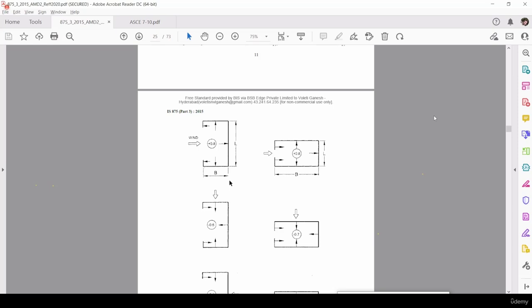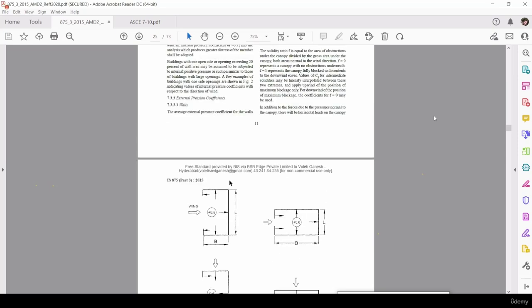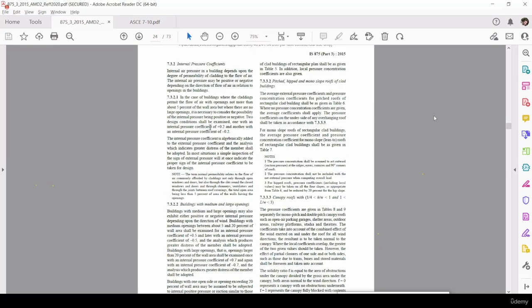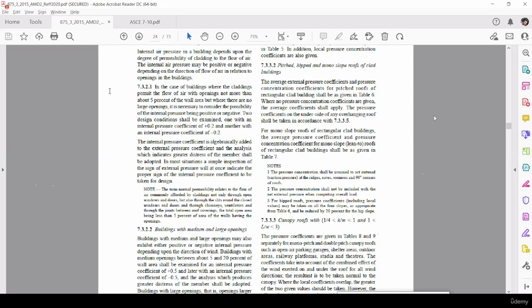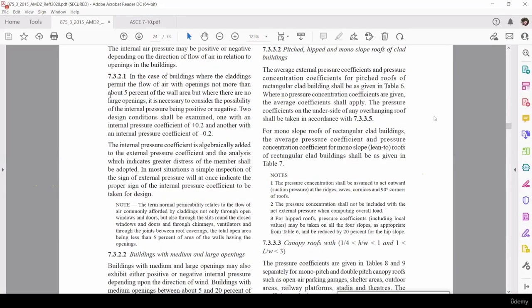We will follow this coefficient. No, here it is clearly mentioned. That's what I'm telling now: if the openings are less than 5% of the complete wall area, only in that case we will use this coefficient.